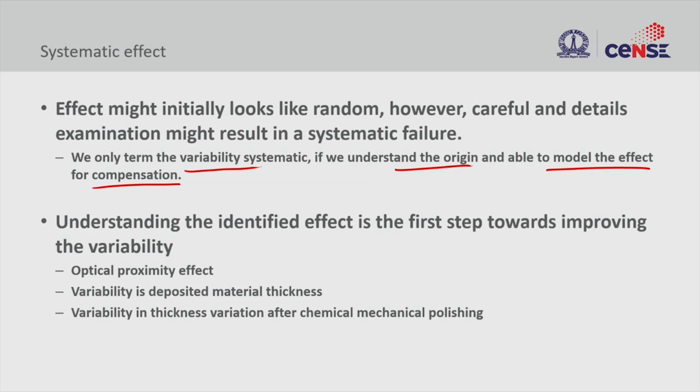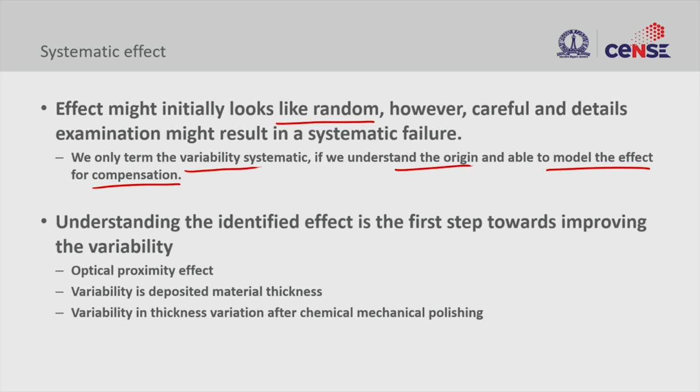Okay. And what kind of failures are systematic? We should first look at the effect, right? When you look at it for the first time, it will look random because you haven't encountered it, right? So you have to run multiple tests, multiple experiments, and then you examine the data, and you will see that this random nature is not random, it is actually systematic.